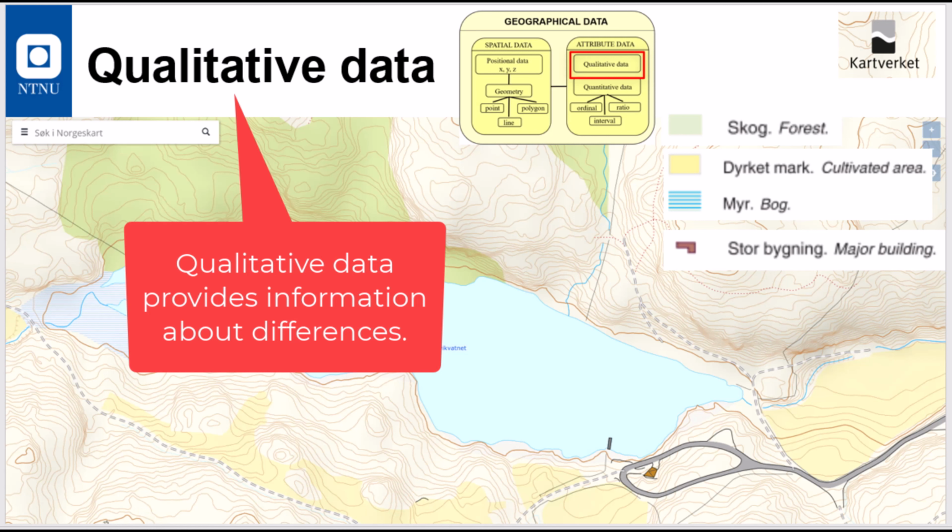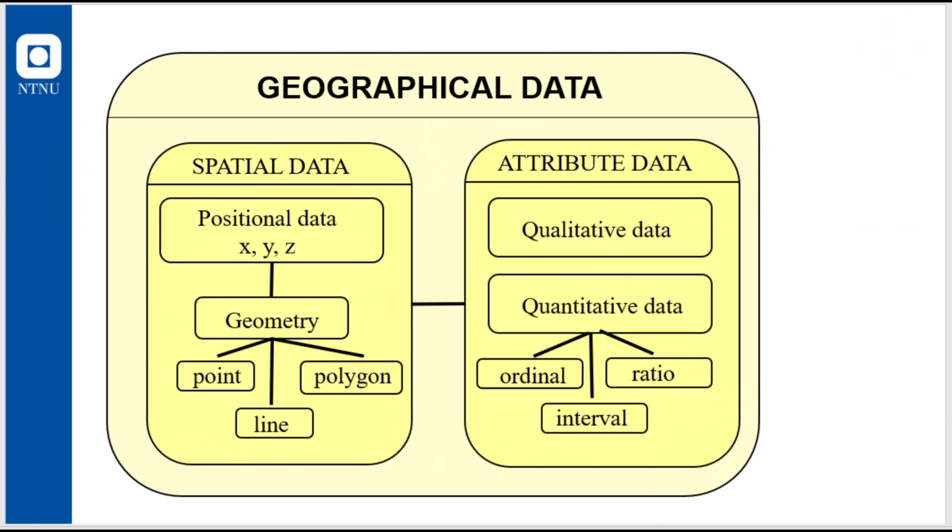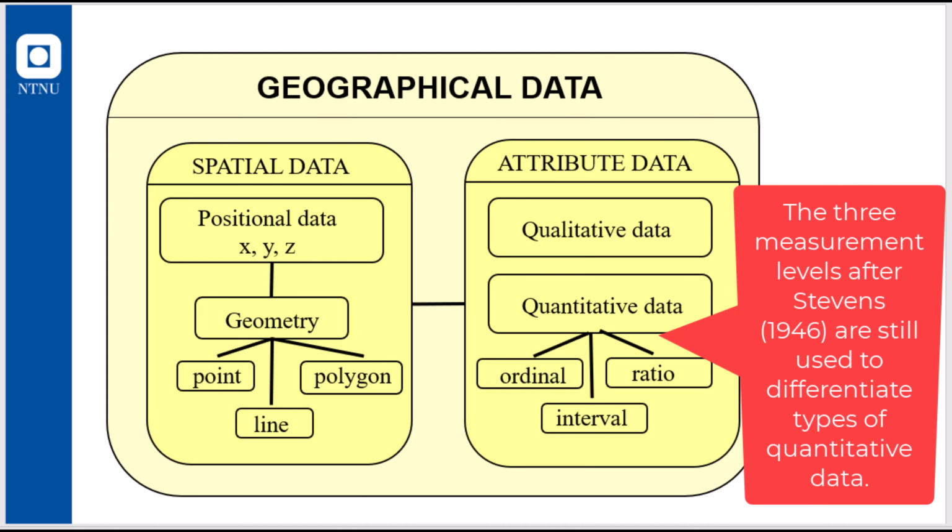Qualitative data provide information about differences, such as a yellow area representing an agricultural field or pasture is different from a green that represents a forest, or a blue representing a lake, or some gray one representing roads, or brown one representing buildings. Quantitative data provide information about relational proportion and is given on 3 measurement levels known as ordinal, interval, and ratio.